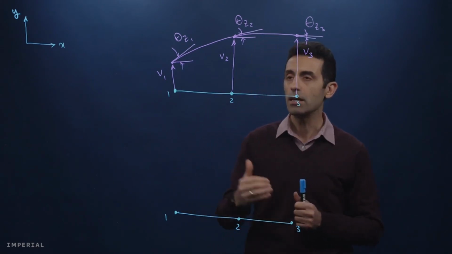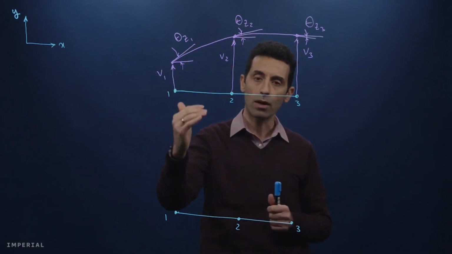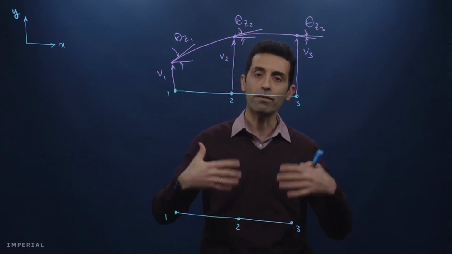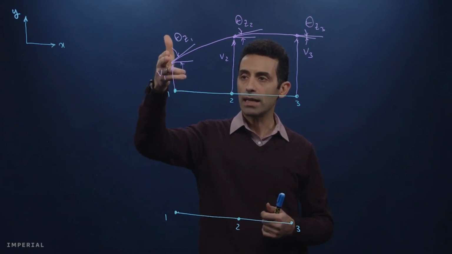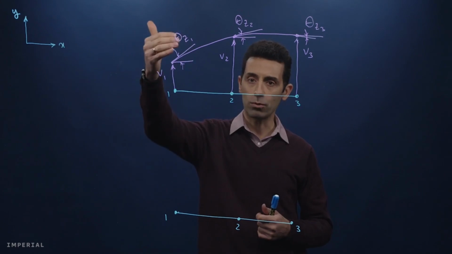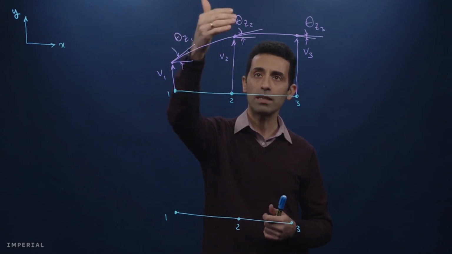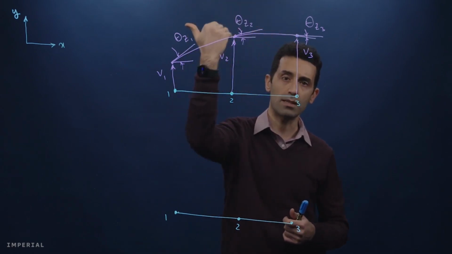What does that mean? So imagine this is the deflection of the structure of these 2 beam elements after the loading. So you can see at node 1 we have translational displacement and rotation theta z1. At node 2 we have v2 and theta z2, and at node 3 v3 and theta z3.